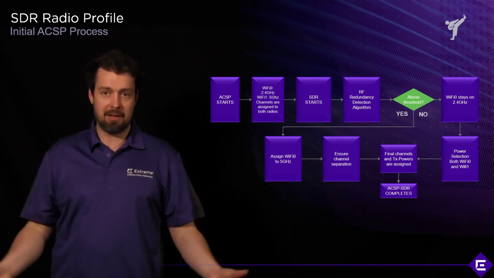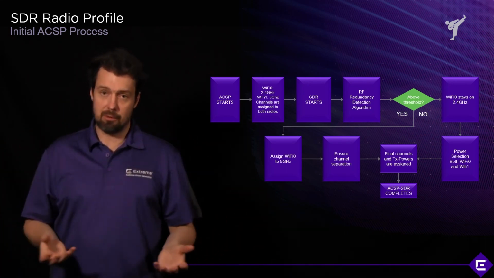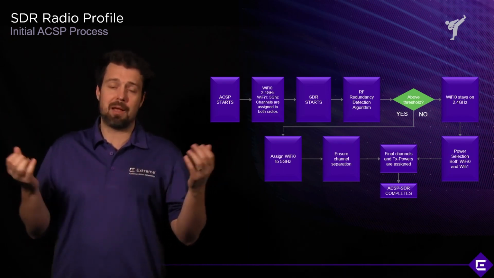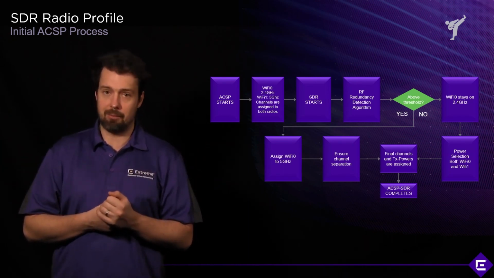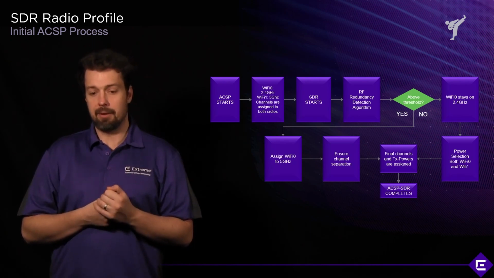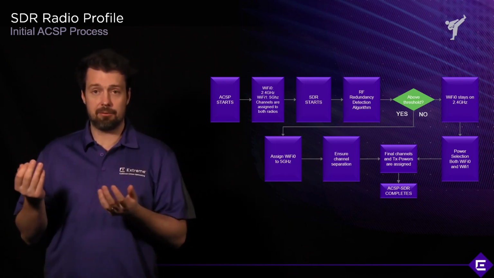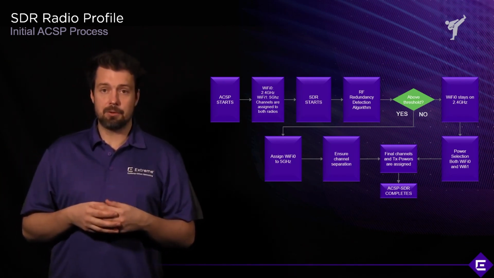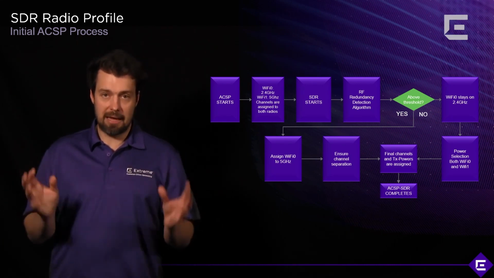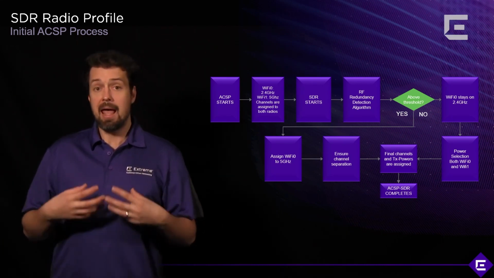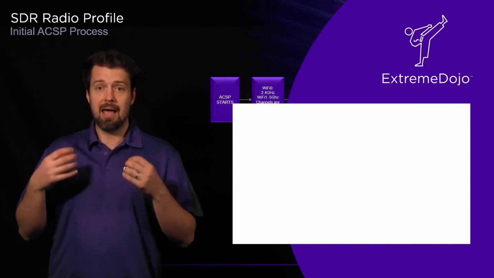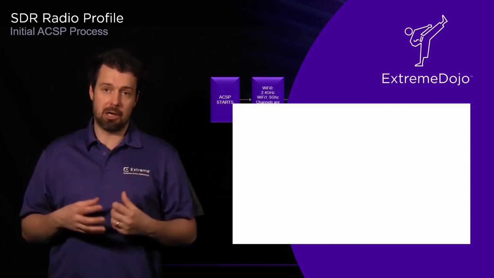But then again, it depends on your network design, it depends on your network requirements, and it also depends on the environment you're running this deployment in. But the combination of ACSP and software-defined radio profiles gives you all the flexibility you need to be able to deploy high-density networks and also to adapt to this ever-changing RF environment.